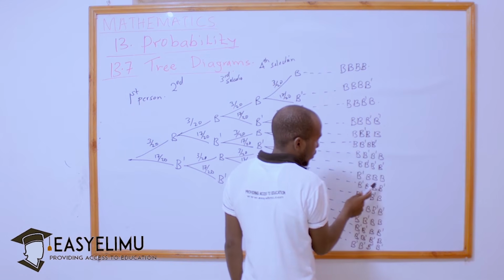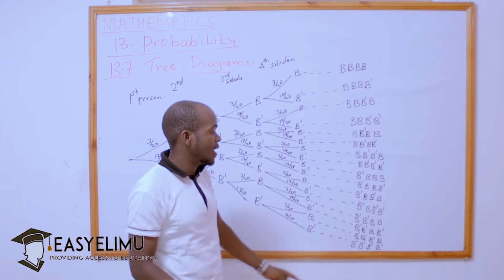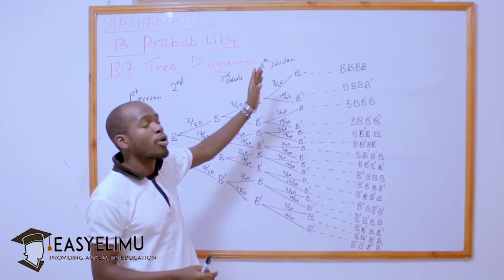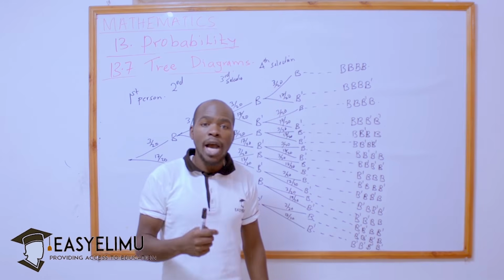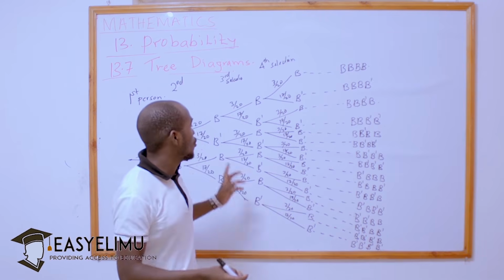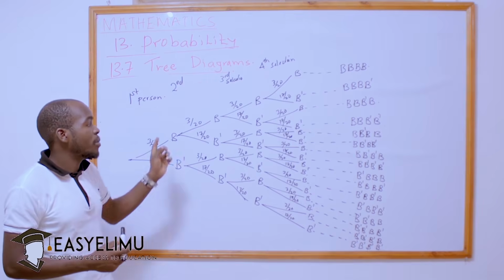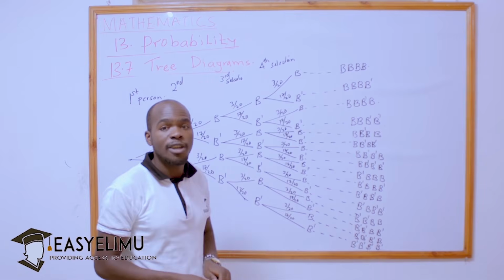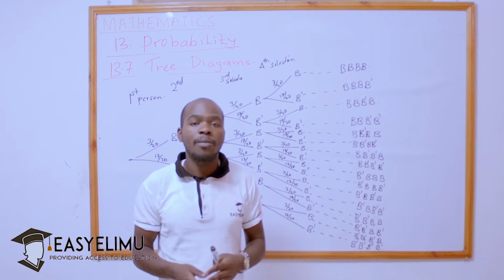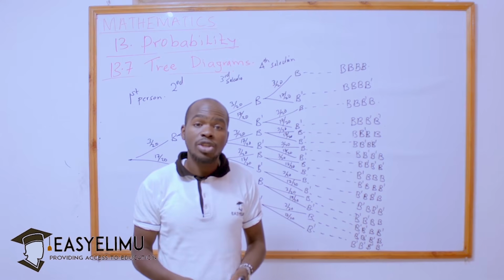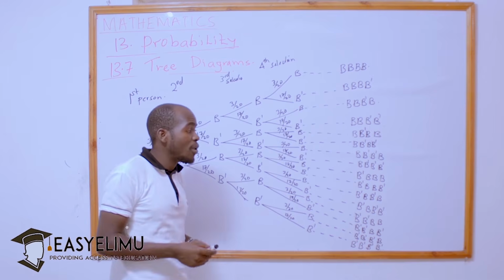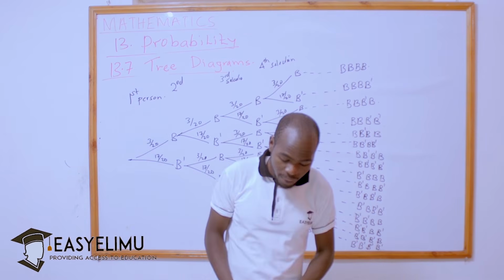Remember, if you move from one tree branch to another, you add, because they are mutually exclusive events. Along the branch, it is an independent event, because selecting the first person does not influence the selection of the second person. If you work out, you will find the given value.